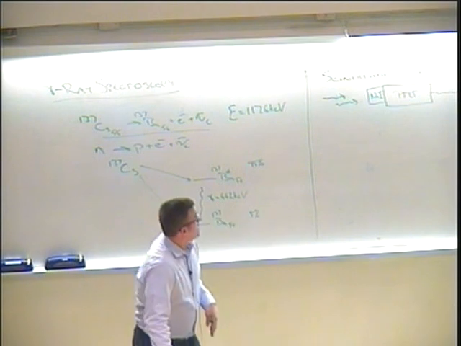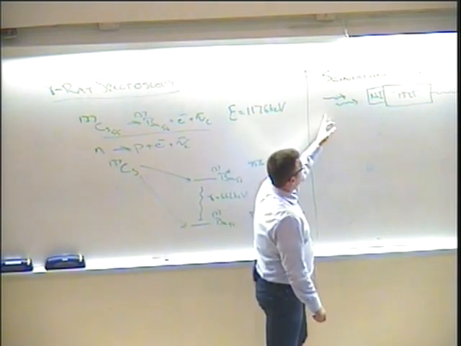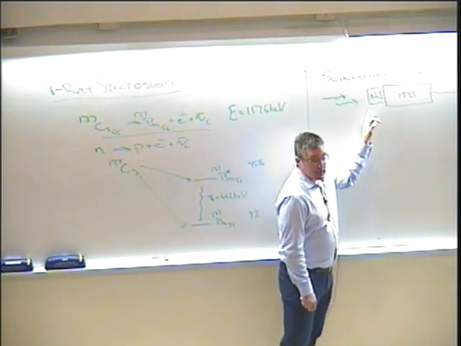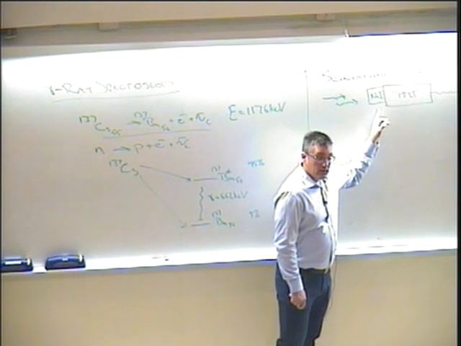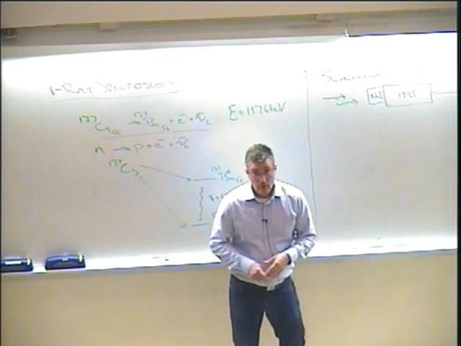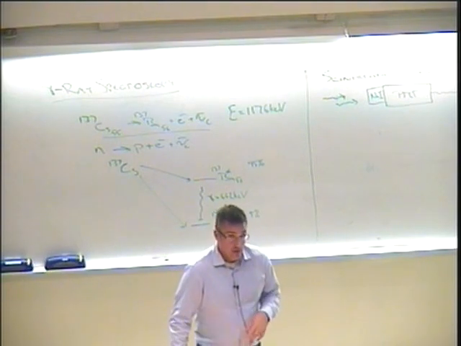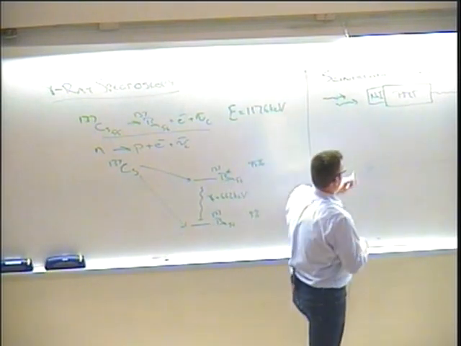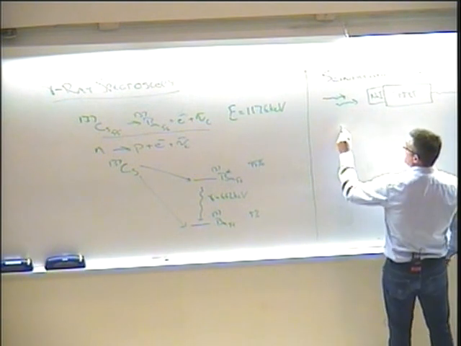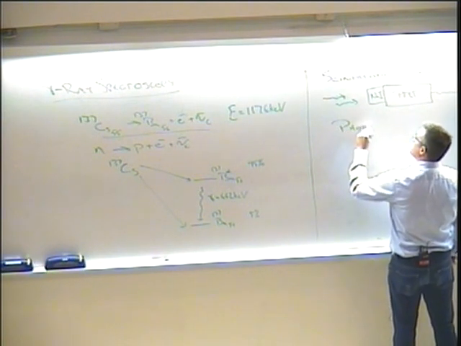Okay? The way we're going to do this is these gamma rays are going to come in and interact with the sodium iodide crystal. So two things are going to happen in that crystal. There are two physical effects that you need to be aware of. The first is the photoelectric effect.